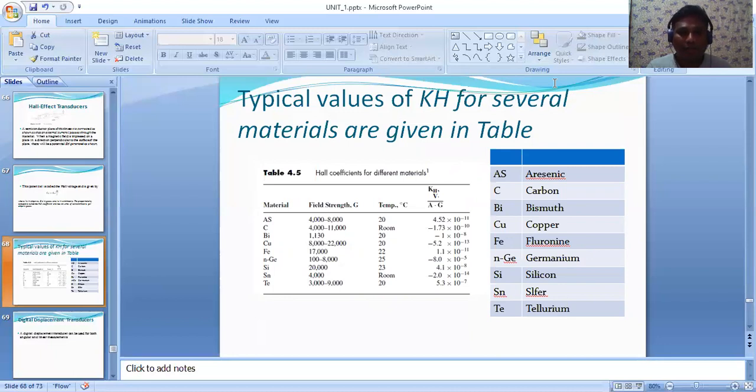Here As is arsenic, C is carbon, Bi is bismuth, Cu is copper, Fe is iron, Ge is germanium, Si is silicon, Sn is tin, Te is tellurium. These are the materials mostly used in Hall effect transistors. Why this type of material is used: the material thickness is a leverage.